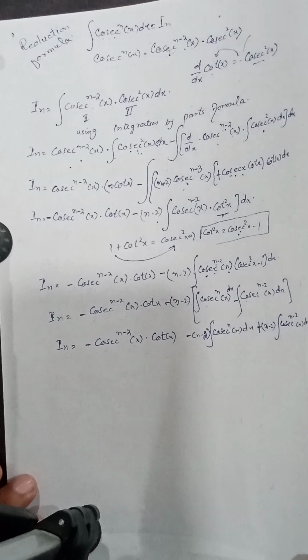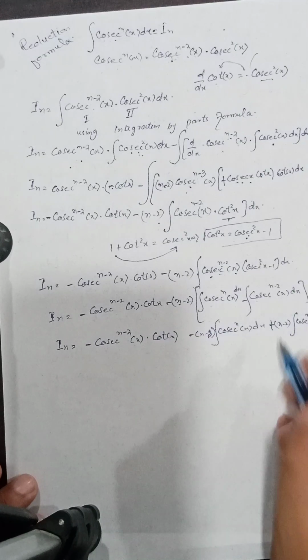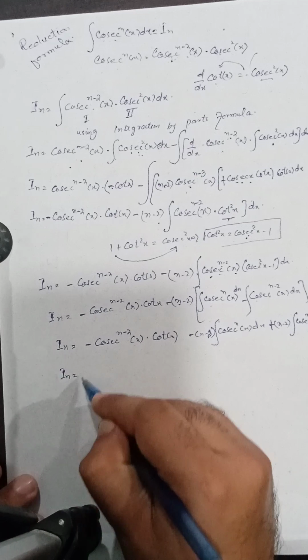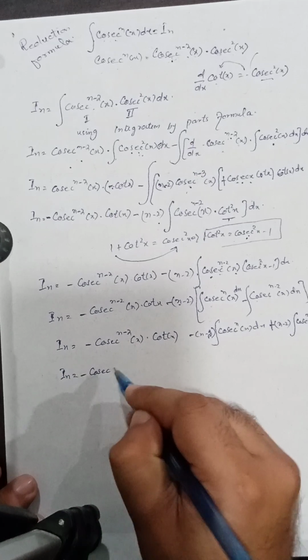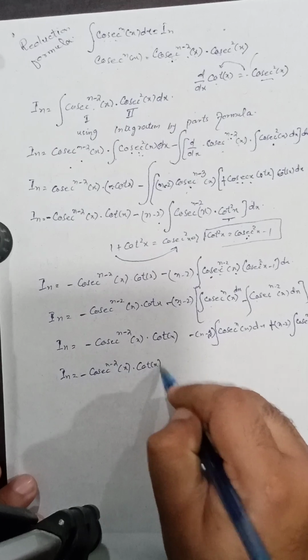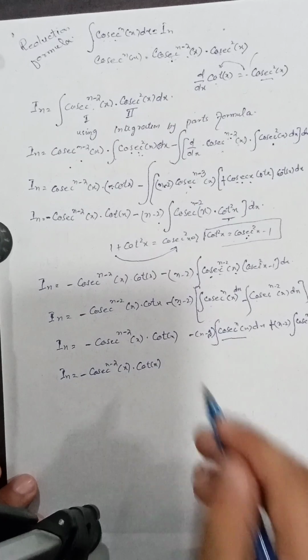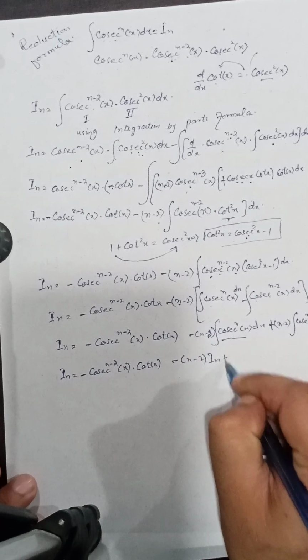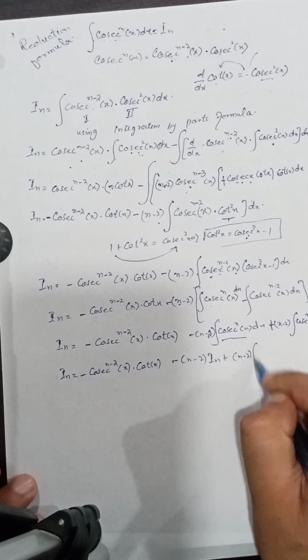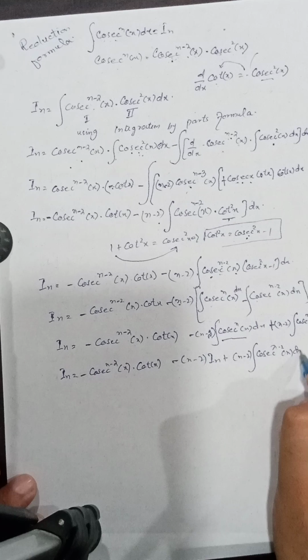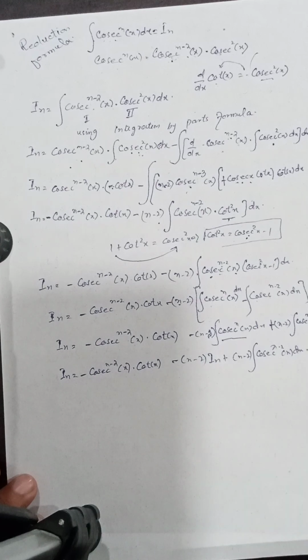So I_n is equal to minus cosecant^(n-2) of x with cotangent of x, and this function is equal to I_n, so minus (n-2) with I_n plus (n-2) with the integral of cosecant^(n-2) of x dx.